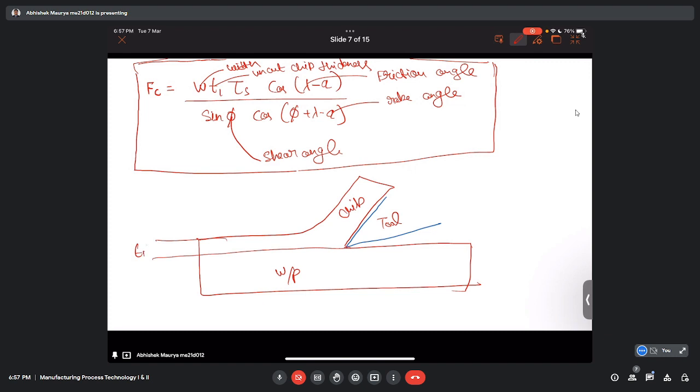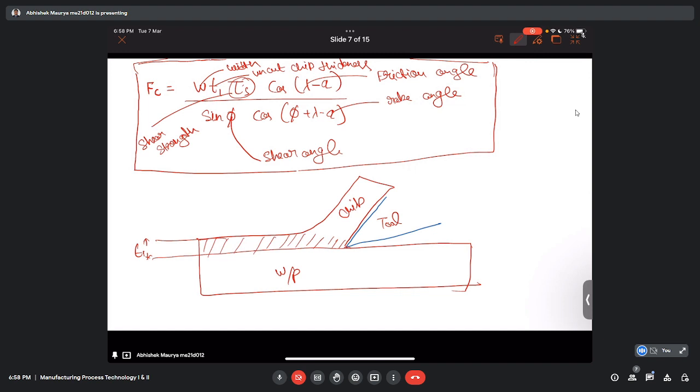This is the uncut chip thickness, and here tau s is the shear strength of the material. We are removing the same uncut chip thickness t1 with the cutting tool, but we have many options.